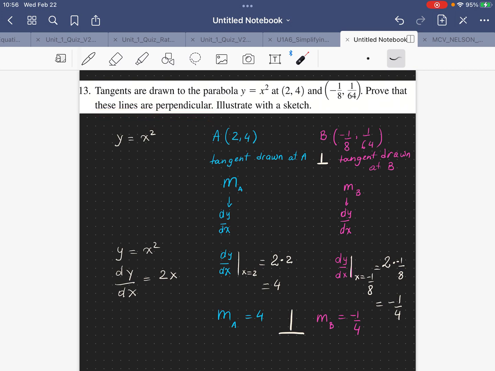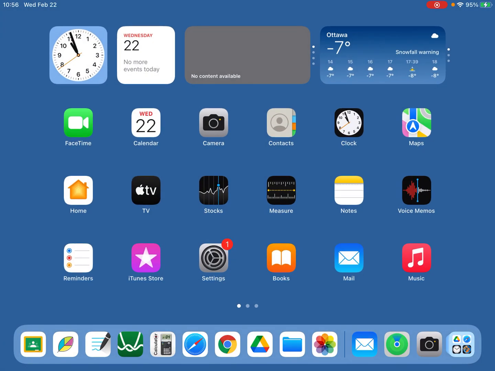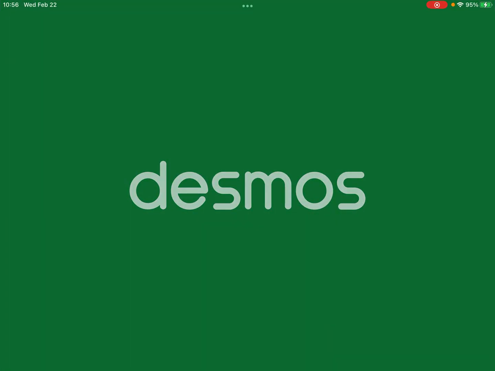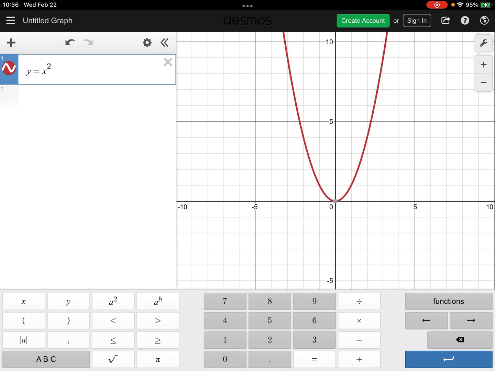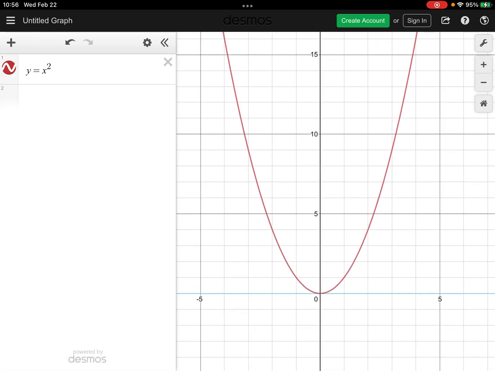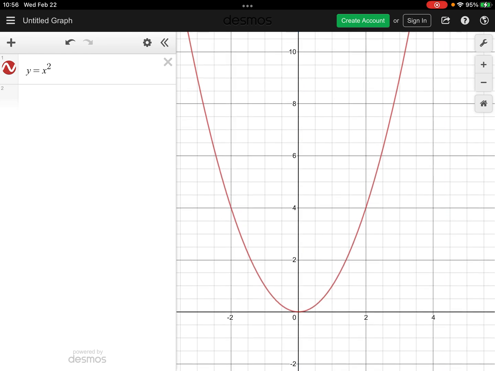Now we're asked to illustrate this with a sketch, and we will do this by using Desmos. So let's take a look at Desmos. We are going to draw the graph y equals x squared. How hard is that? Here we go, y equals x to the power 2, and bam, we got our parabola. In order to draw the graph, we're going to need to go all the way to negative 1 over 8.